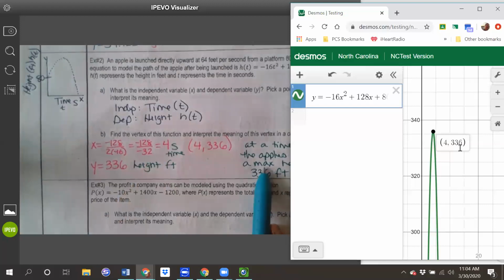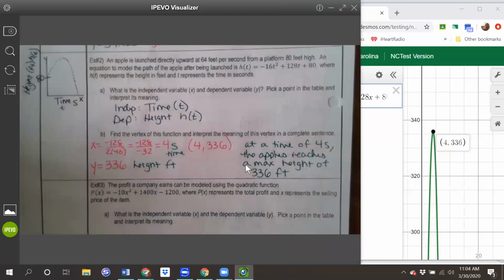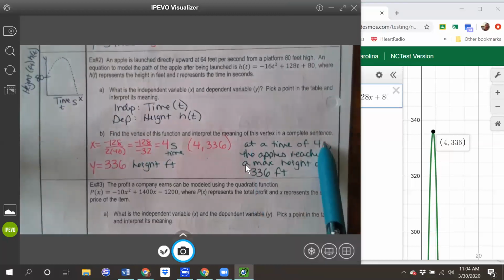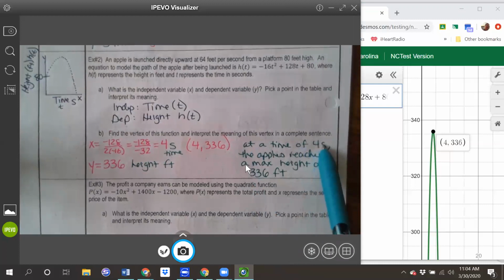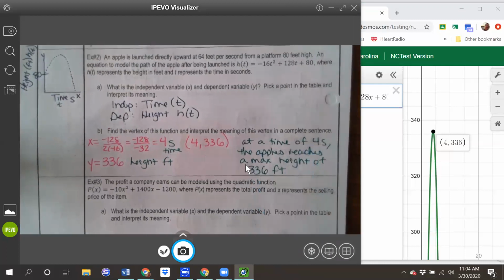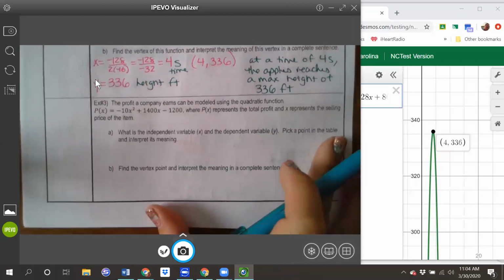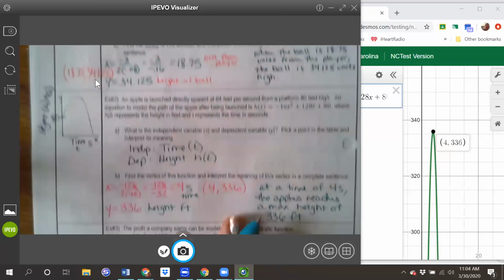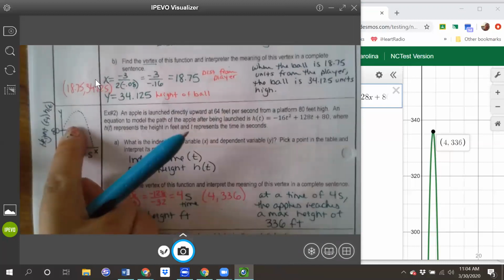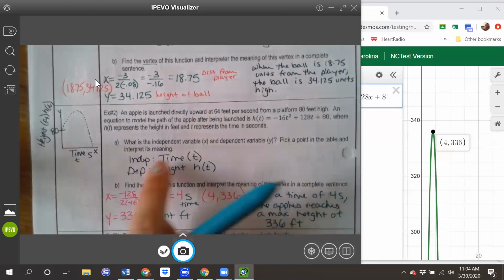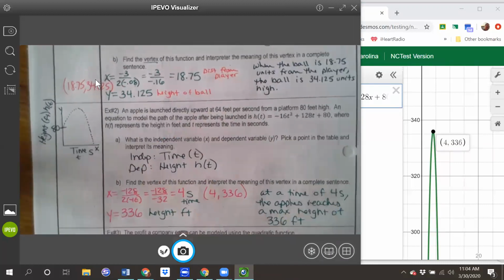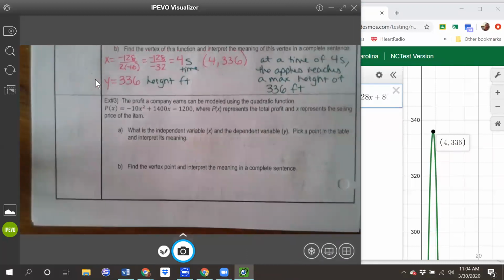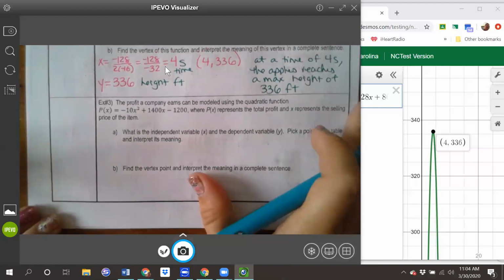Okay, so it's a maximum height. That's the highest that the apple goes. Oh, I'm sorry, you can't see that. At a time of 4 seconds, or after 4 seconds have passed, that means that the apple is at its maximum height, which is 336 feet in the air. So I know everybody's always scared by word problems, but if you draw your picture and you label the different parts of your picture, then these are really no big deal whatsoever.